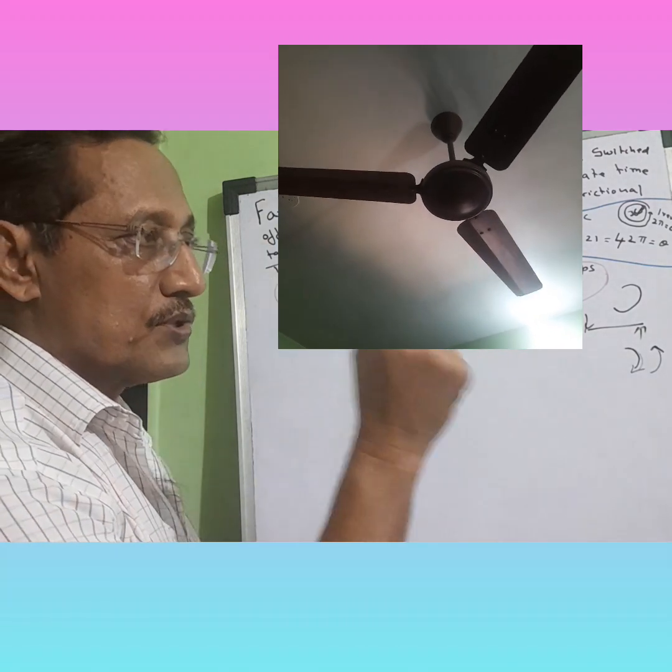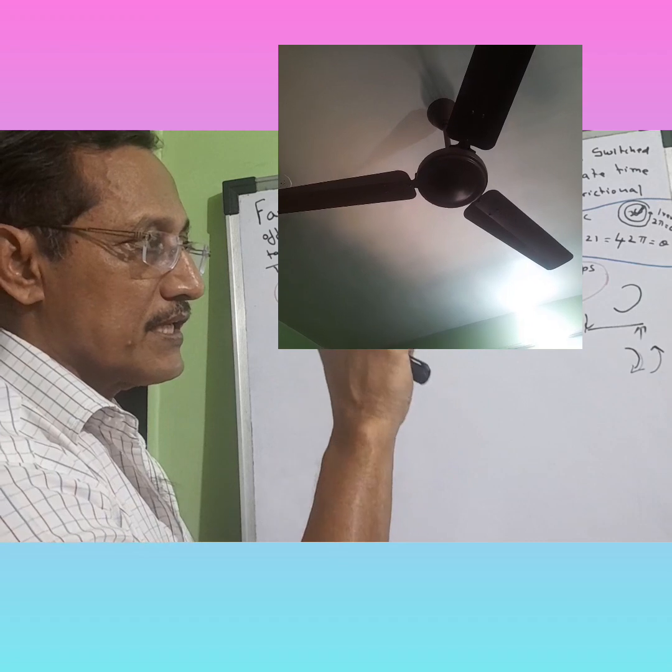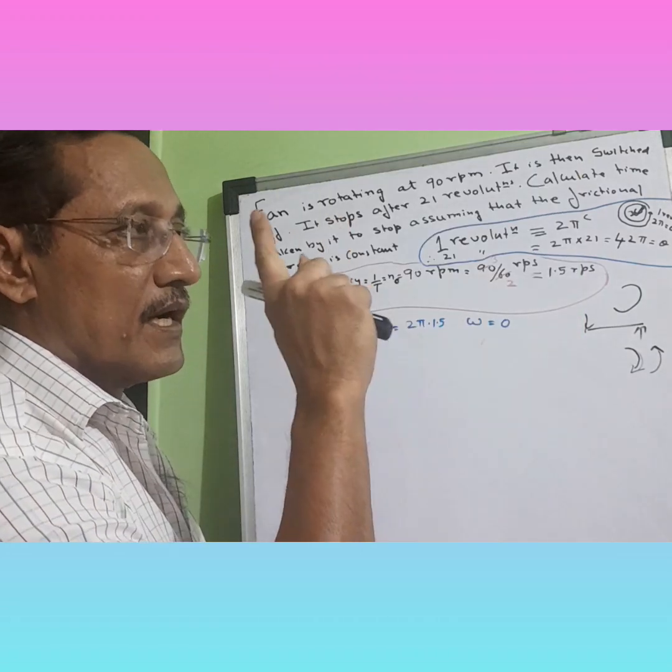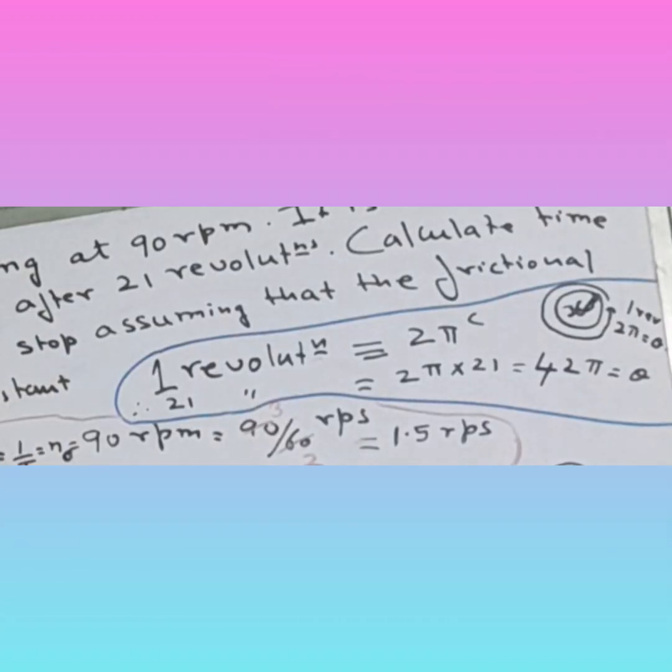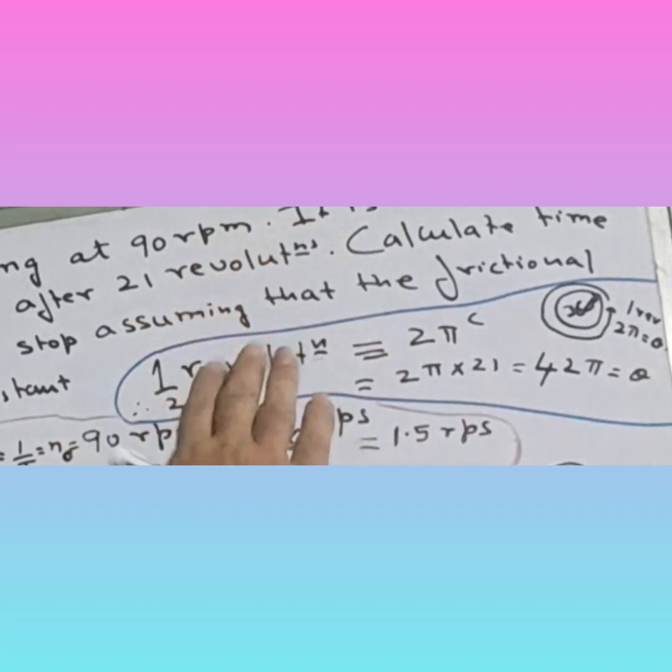Those revolutions were 21 revolutions, and each revolution covered 360 degree or 2 pi radian. So 21 into 2 pi becomes our radian, and if you want it in terms of degree, it becomes 21 into 360 degree. Fine, so this is understood.